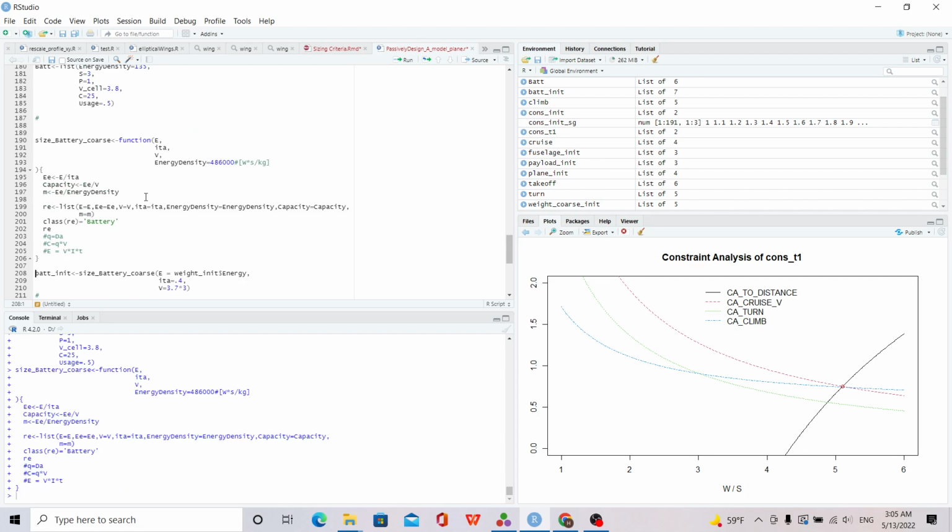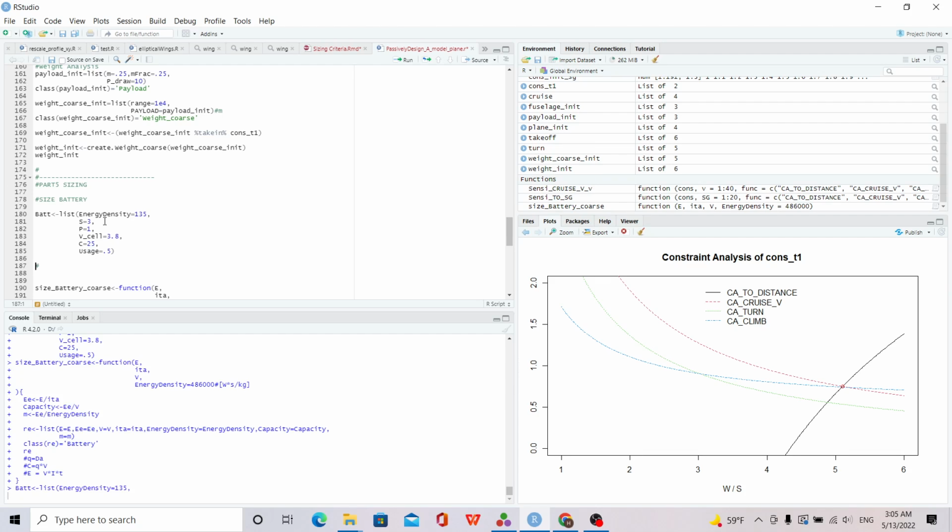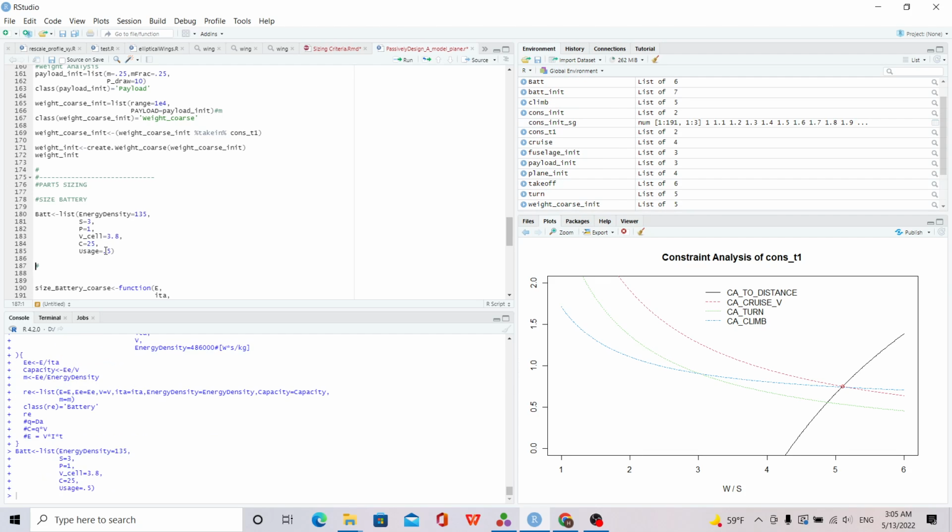And also we can size the battery, because we have to approximate the energy density. So if you want high bursting current, you usually use lithium polymer batteries. If not, if it's just low current, you could use lithium ion or other sort of batteries. And the number of cells and how much power do you want to draw from the battery.